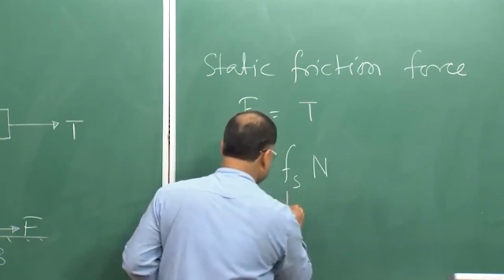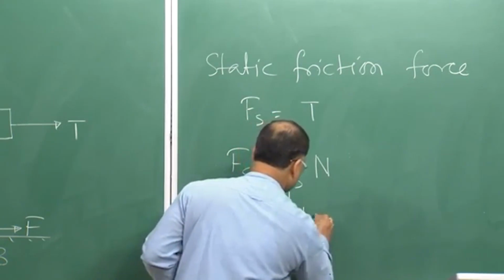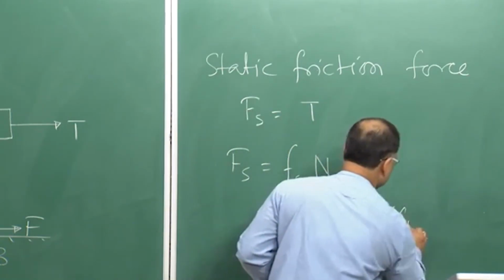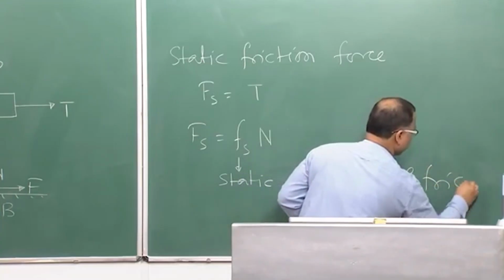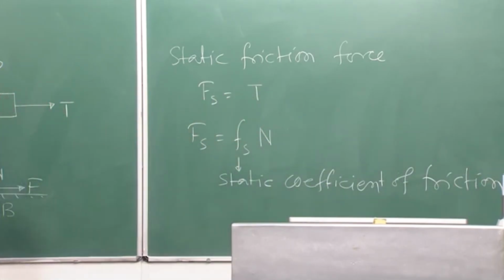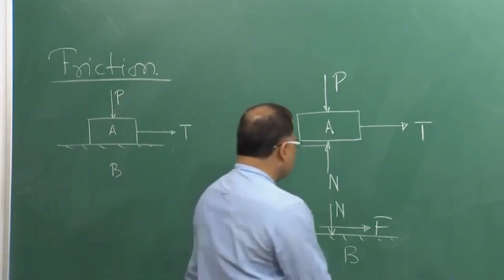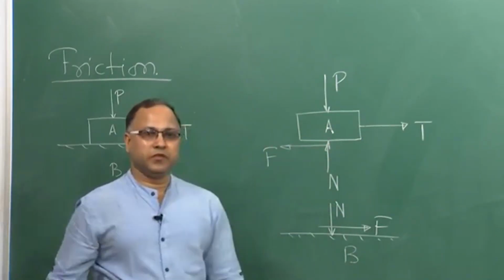Fs equal to mu s N, where mu s is nothing but your static coefficient of friction. These things are quite known to you anyway, and N is the normal force as shown in this figure.